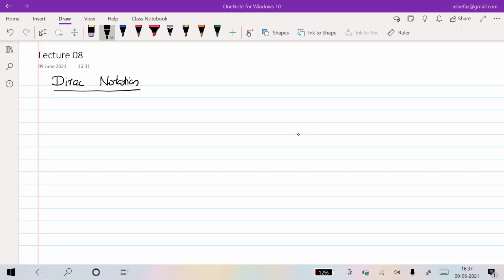Okay, so that is true in the case of the linear vector space also, or in the Hilbert space also. A vector has its identity independent of the basis. So that is why Dirac introduced an elegant notation to represent the vectors free from the basis.